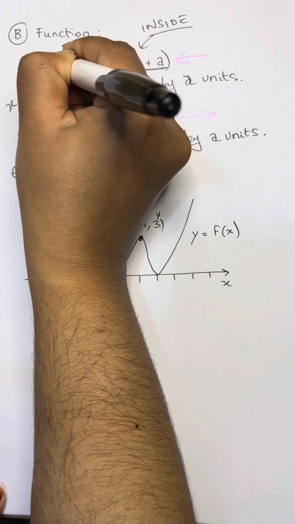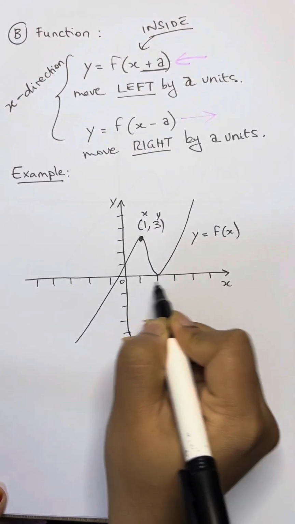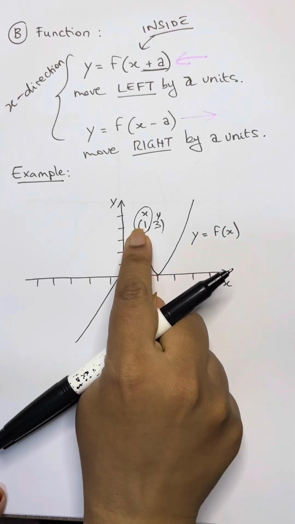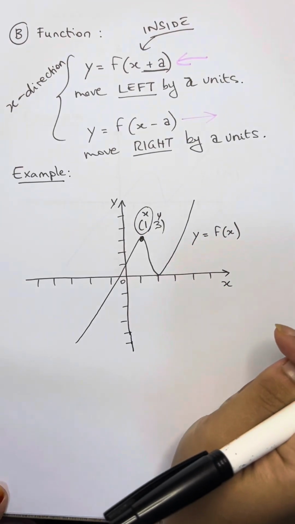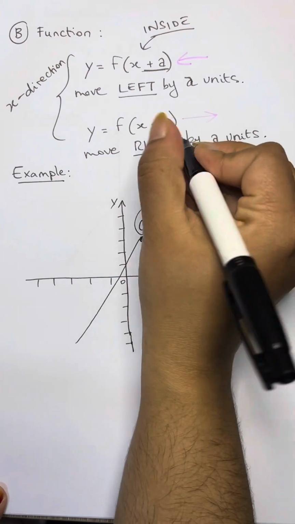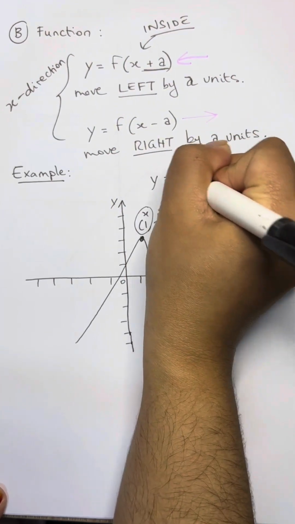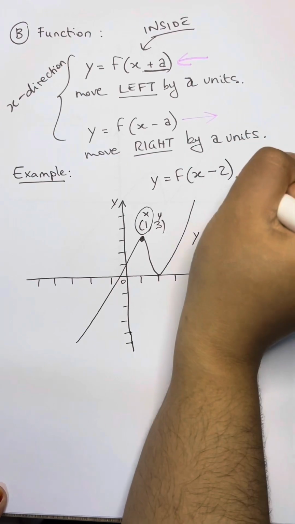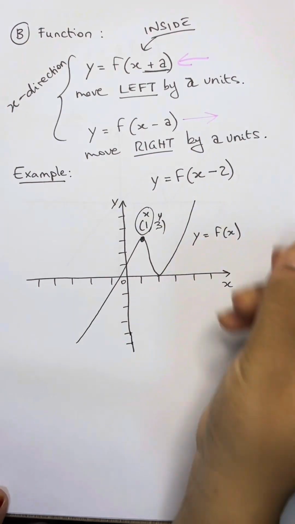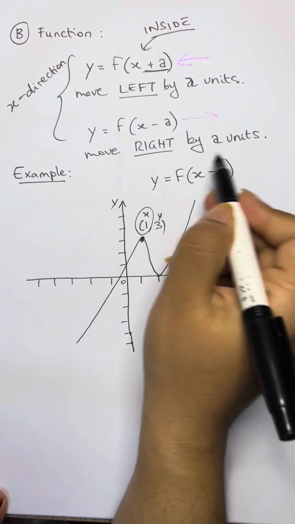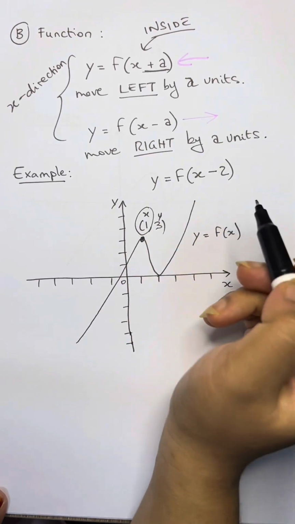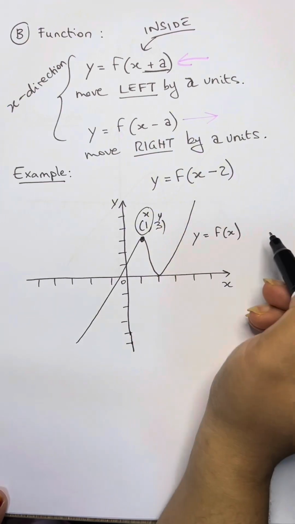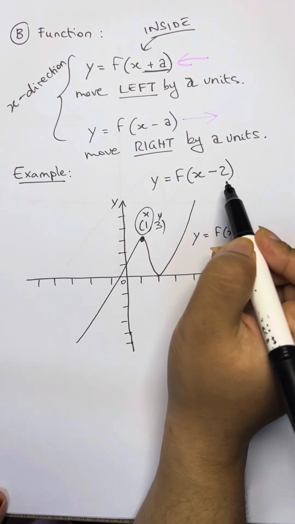So we're looking somewhere here in the x direction, and we're looking at this 1 particularly. So for example, y equals f of x minus 2. We need to sketch this particular function. I know that minus 2 means I need to move to the right. By how many units? By 2 units.